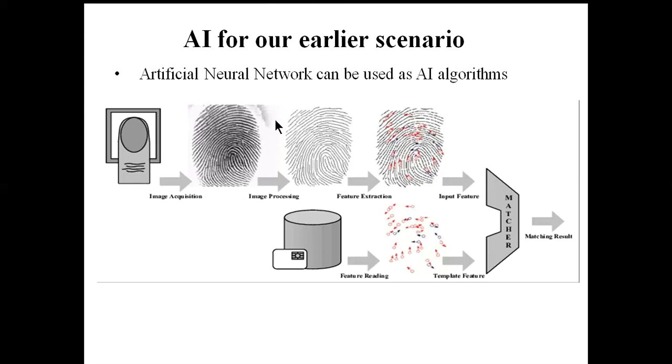Now there is some image processing technology already built into your smartphone, so we get this type of figure. That means from this we can remove different kinds of noise and other things. Now from these images we extract different kinds of features. So what are features? Features are the different characteristics based on which your fingerprint is different from the fingerprints of other persons. So that is called the features.